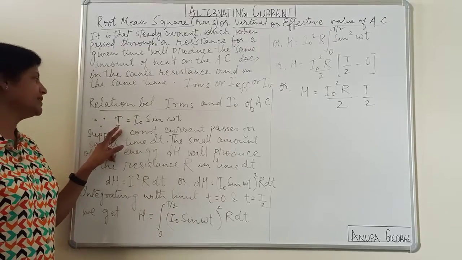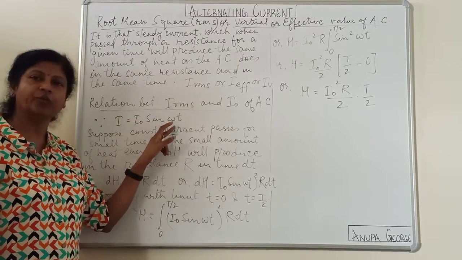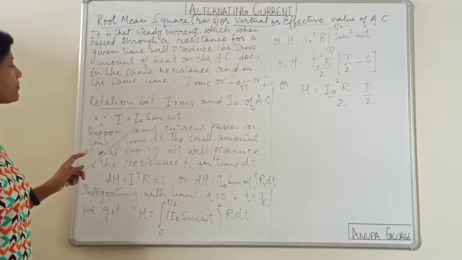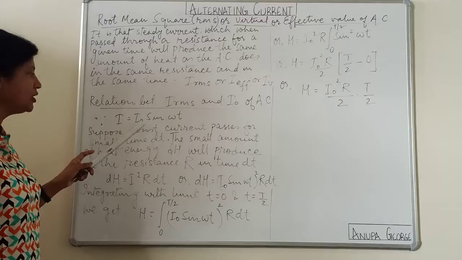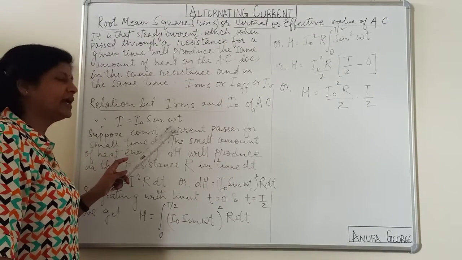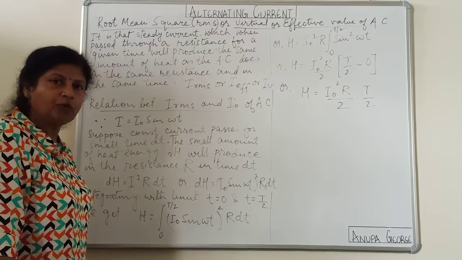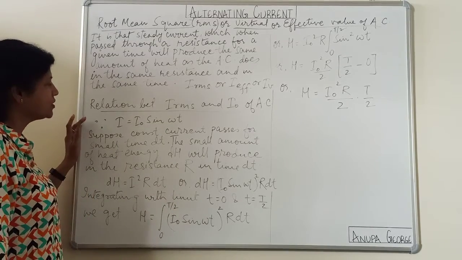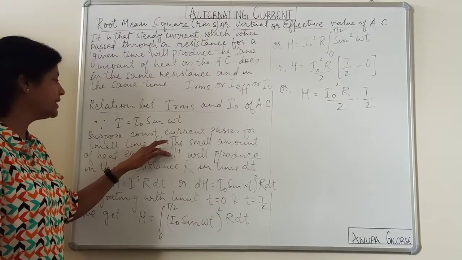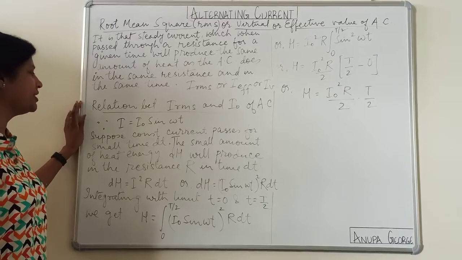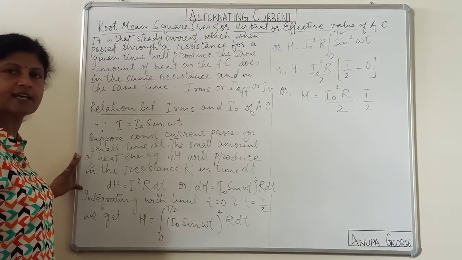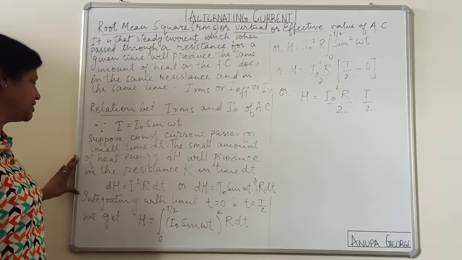Since I is equal to I naught sine omega t, where I is instantaneous current, I naught is peak value of alternating current, and omega is 2 pi upon T. Suppose constant current passes for a small time dt, a small amount of heat energy dH will be produced in the resistance R in time dt.